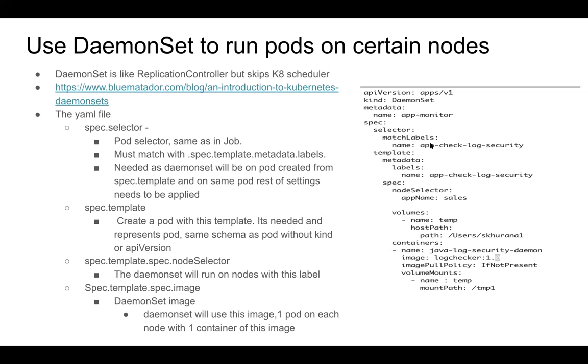Once it matches, it will start a pod with this label on that node, but it has to match that node. So we'll see that right now. In our demo, we'll change the node selector, and we'll make the node have the same label which you have given in the node selector, and we'll see if the daemon set is getting started there or not.